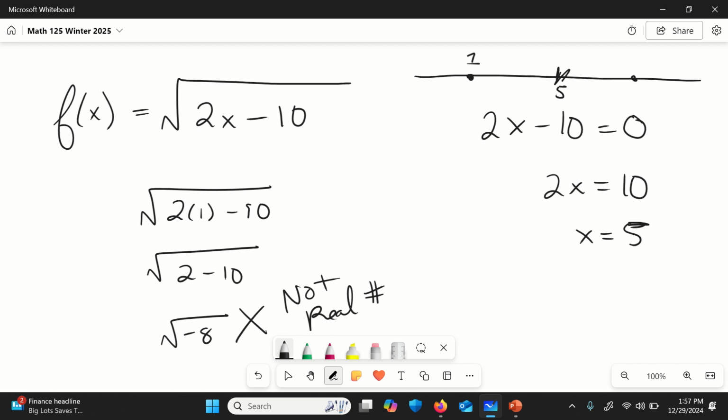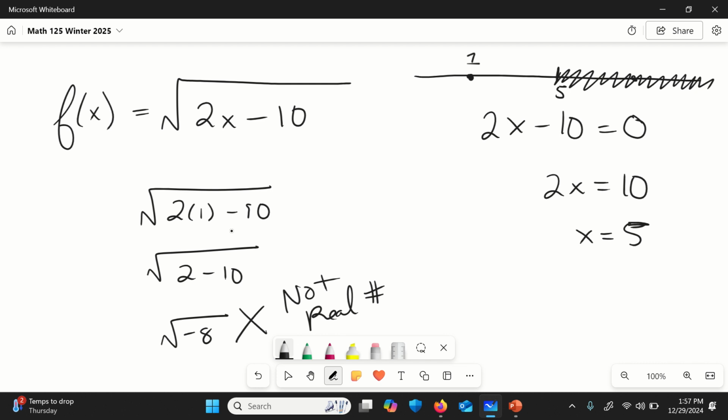So values on the other side of the number line from 5 will be okay. You can test that, plug in something larger than 5, plug in 100, plug in 10, plug in 7, it doesn't matter. Anything bigger than 5, you will have a positive number after doing the multiplication by 2 and subtraction from 10. So this number line picture shows me a visualization for my domain.